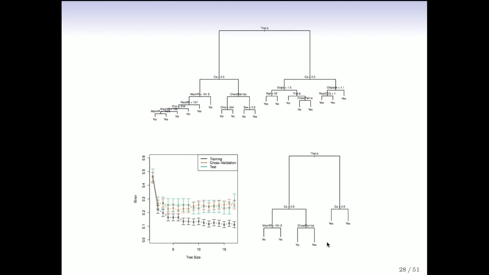And on the right here, we see the tree pruned back to size 6. Of course, the pruning was again governed by the cost complexity parameter alpha. And this here will be a subtree of the big tree grown, and that gave the best classification performance, which is estimated to be around about 25% error in this case.